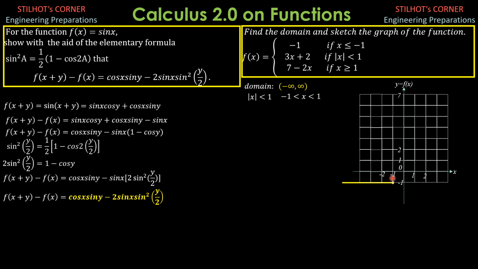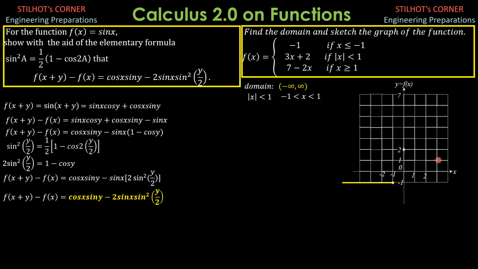Then also when x is 0, y is 2, so it passes through this point. And when x is 1, it is a break for this part here, but it is continuous because of this 7 minus 2x when x is greater than or equal to 1. When x is 1, 3 times 1 plus 2 is 5.